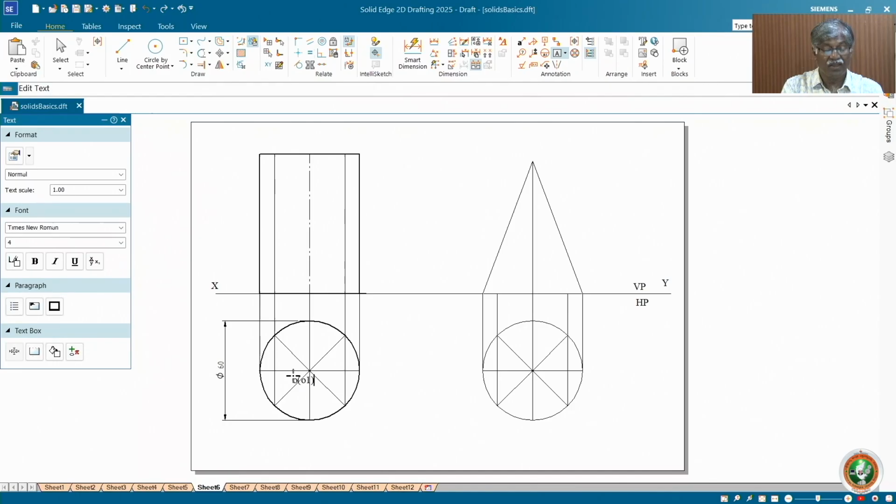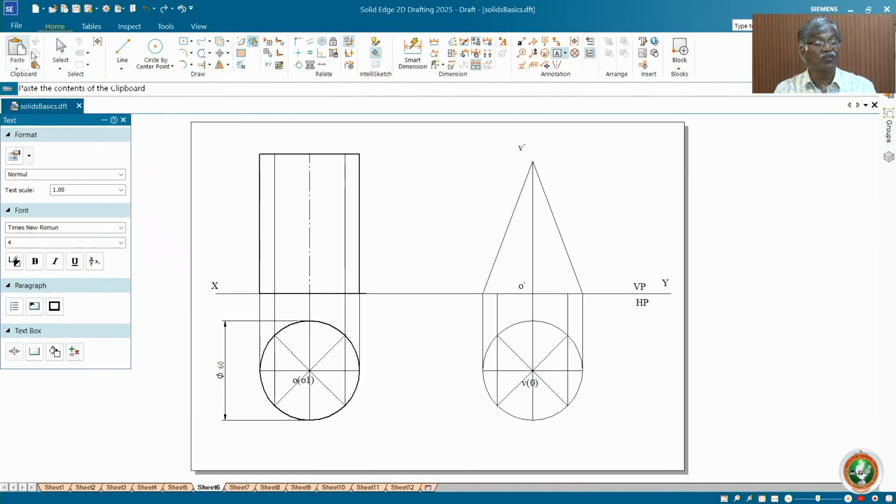And here this is VO, vertex, just to differentiate between the apex and the center of the top face. I always keep VO. I will tell you in later stages why I always prefer this, V dash O dash. I will give an example and then do it.